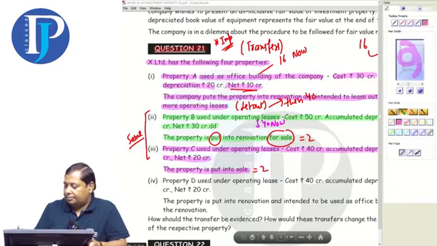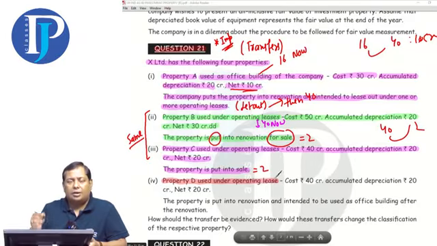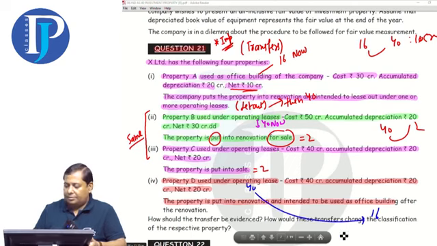Property D. Property D is used under an operating lease. Operating lease again. We'll use 40. 40 crores, 20 crores, carrying amount is 20 crores. Property is put into renovation and intended to be used as office building. It will be under 16. Go from 40 to 16.